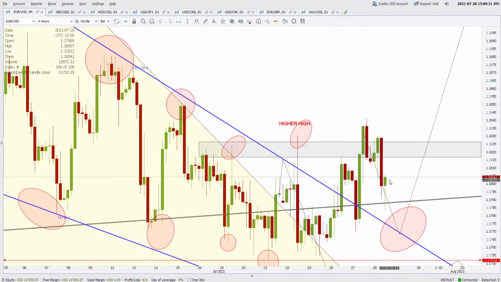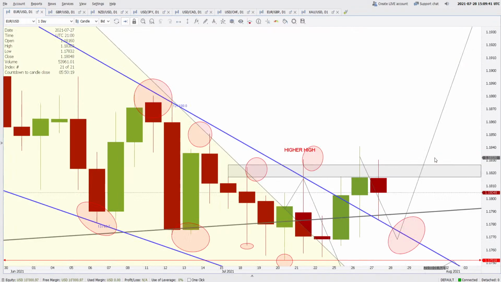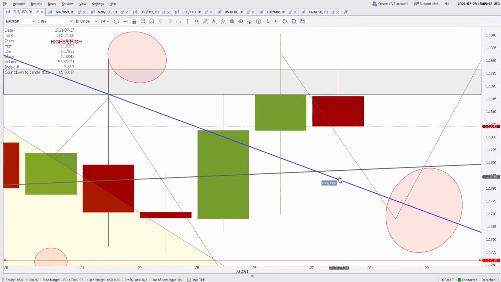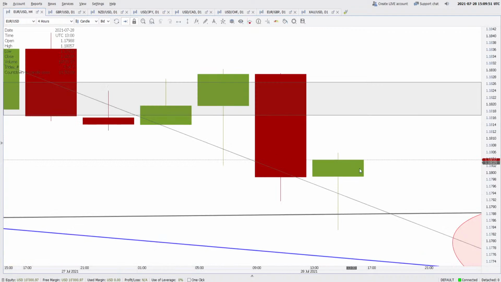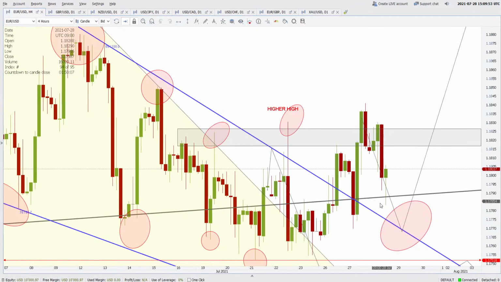So I hope you understand, everything is not ideal in the market. This would have been an ideal situation if the price had come to this level, but on the daily chart it has already tested that falling trend line. So those people who are watching the daily chart have already gone long. They have not waited for the 4-hour chart people to get into it.